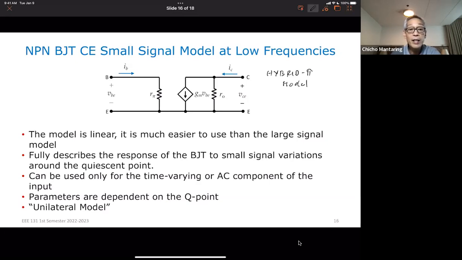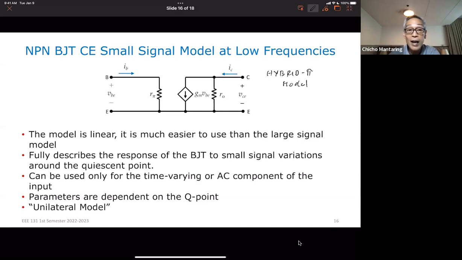So the model is linear. It's much easier to use than the large signal model. It fully describes the response of the BJT to small signal variations around the quiescent point. It can only be used for the time varying or AC component of the input. Remember that your parameters, GM, R pi, RO, are dependent on the Q point. And remember that this is unilateral.